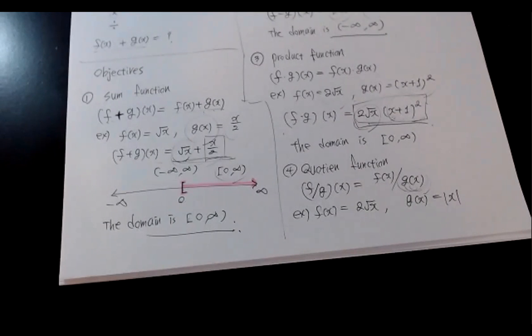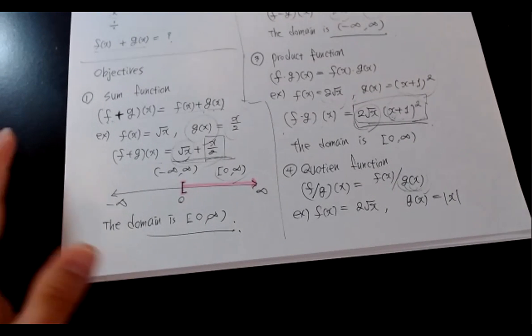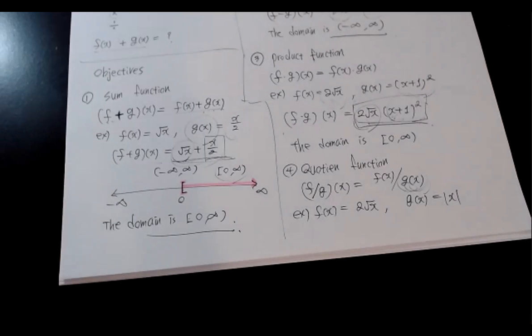That x value makes the denominator 0, so we have to exclude that number from the domain of f of x, and the domain of f of x, yes. Actually, it is the intersection of the domains of f and g.